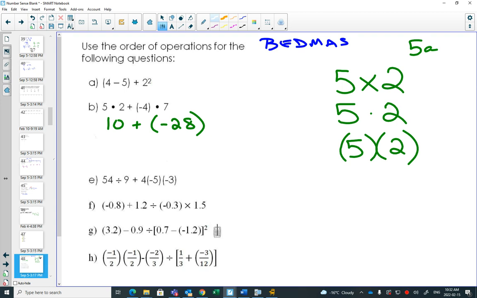Do you remember what adding a negative is? It's the same as subtracting. So adding a negative, I can just change this to 10 minus 28. If you think of your number line, you start at 10. It's 10 degrees out. You go down 28 degrees. What temperature would it be? -18.